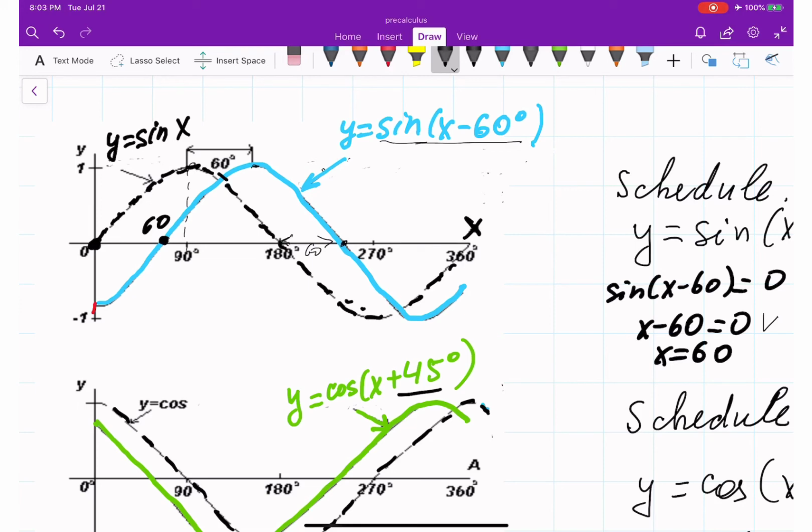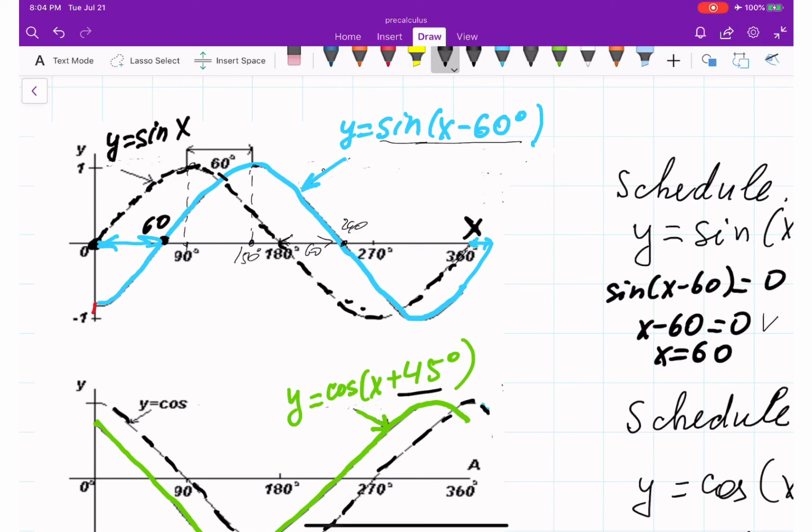So 180 plus 60 is going to be 240. If I continue, 360, this piece is going to be a 60 difference. If I bring down this one, 90 degrees moved by 60 will be 90 plus 60, 150 degrees.